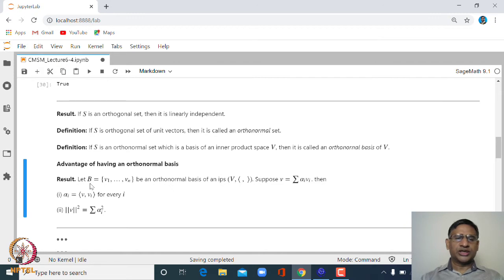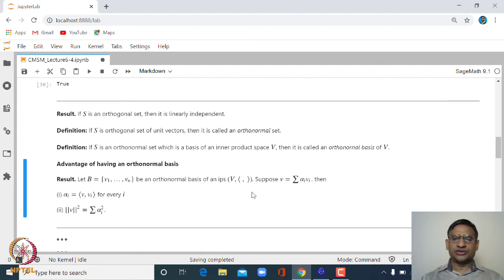Suppose you have a basis B containing v1, v2, ..., vn, an orthonormal basis of an inner product space V. Then if you take any vector v, we know that v can be written as a linear combination of v1, v2, ..., vn, and in that case these scalars, if v is the summation of alpha i vi, then alpha i can be obtained as the inner product of v with vi.